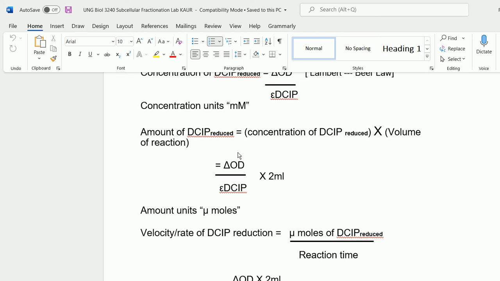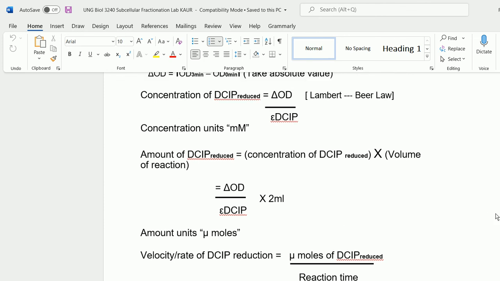And then eventually you can calculate the velocity, or rate, of DCIP reduction, which is the amount of DCIP reduced divided by the reaction time, which is 3 minutes. Okay, so first you calculate the concentration of DCIP reduced, which is the change in OD divided by the extinction coefficient of DCIP. That gives you the concentration in millimolar.